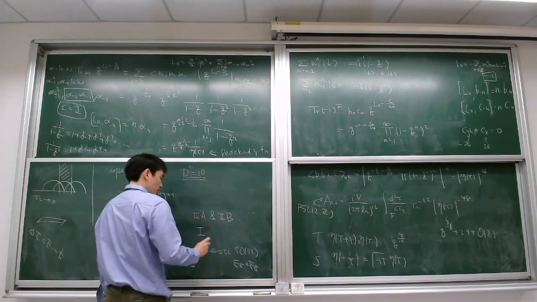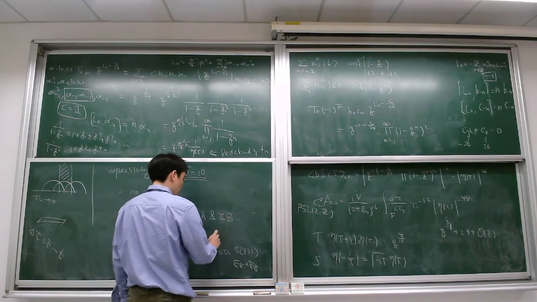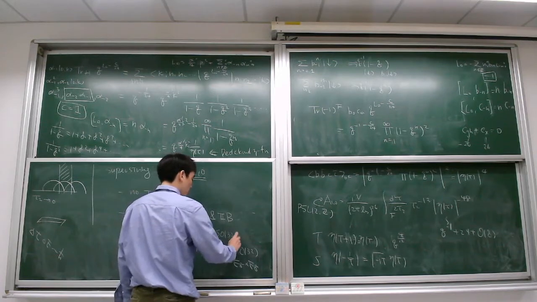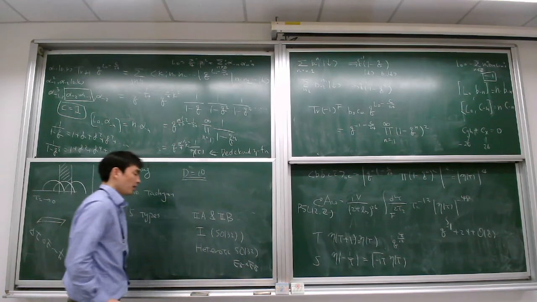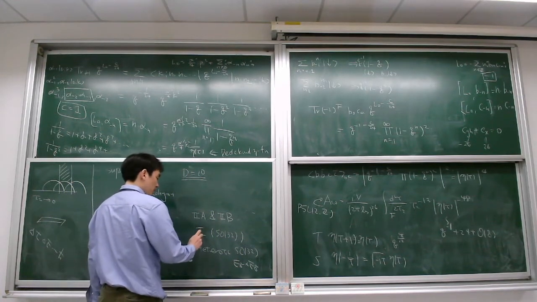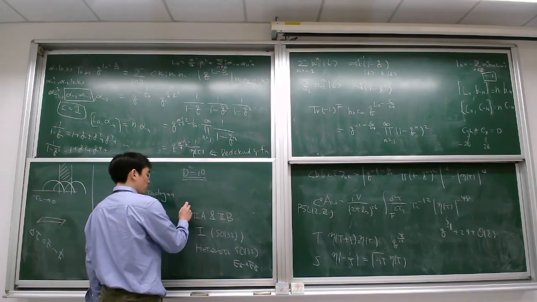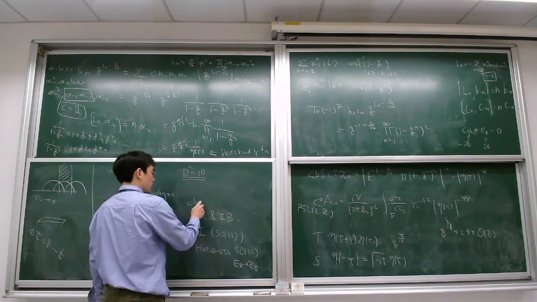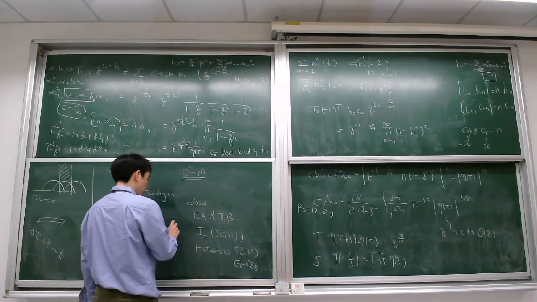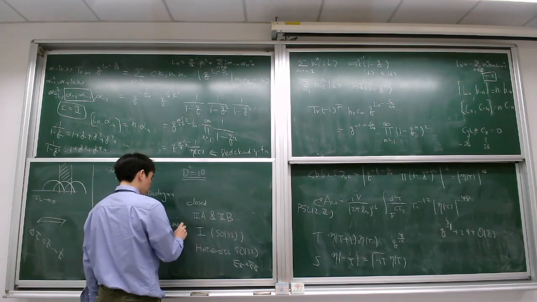Then here you have the unoriented one. This has SO32 Yang-Mills degrees of freedom. And type 1 is the unoriented one. If there's no D brane, it's a closed string. This is the unoriented one, with both open and closed strings.